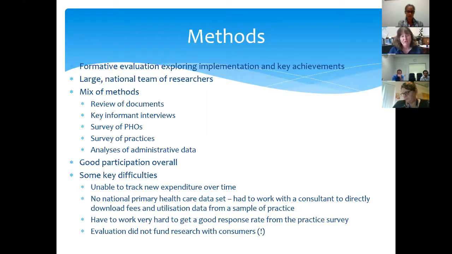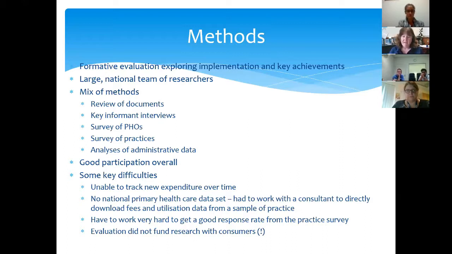This particular project was funded by a mix of government organisations and our Independent Health Research Council, and so we were working directly with policymakers throughout the evaluation. And it was a large national team of researchers, so people in Wellington, Auckland, the South Island, working together from a range of different disciplines as well.